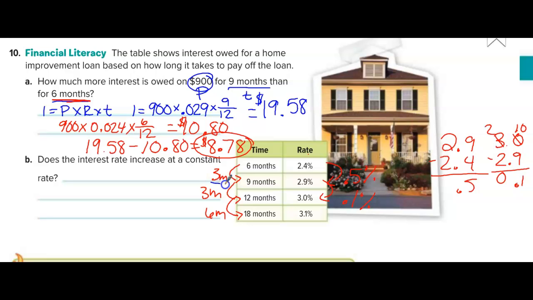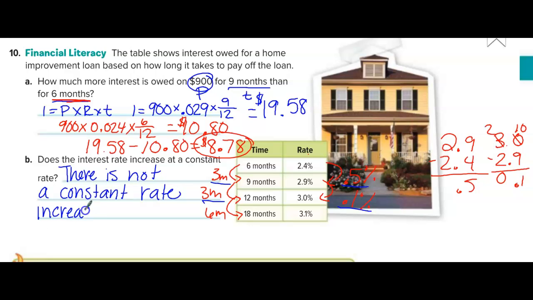I'm increasing 3 months and I'm increasing 3 months, but my rate for 3 months is not the same. Therefore, there is not a constant rate increase because constant means the same.